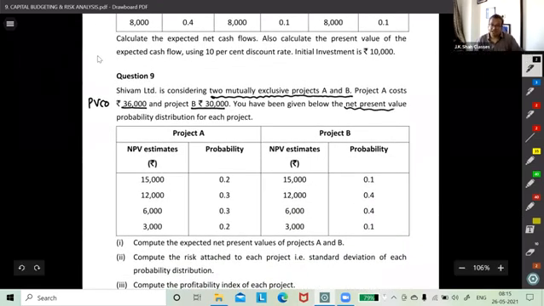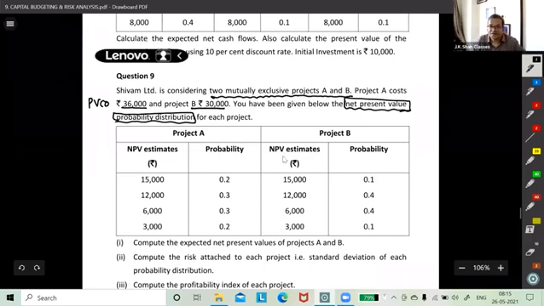You are given the NPV probability distribution directly. Are you getting me? It means that the step of doing PVCI minus PVCO is skipped. Correct? It's very important to understand.